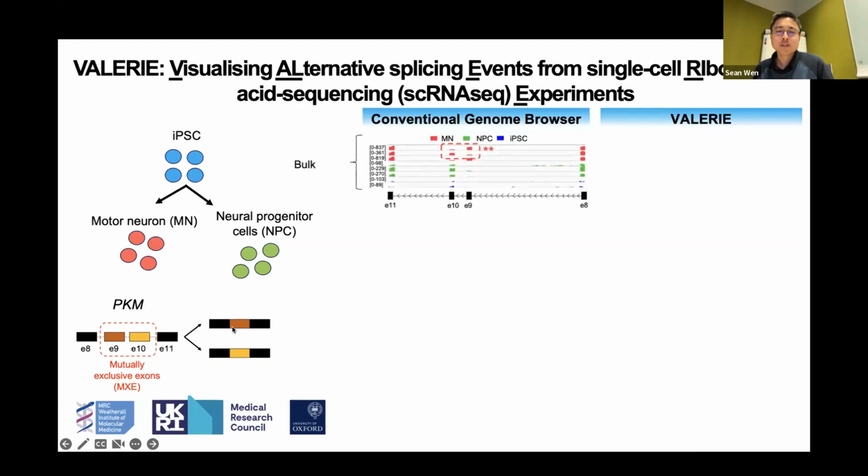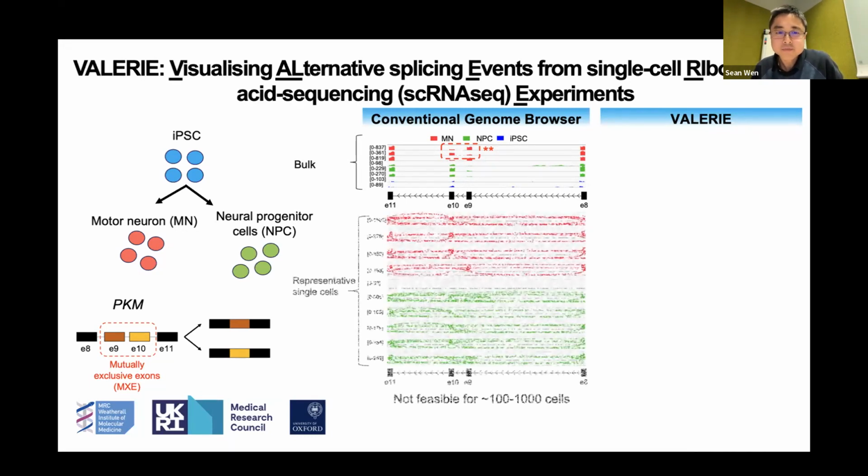So if you were to use a conventional genome browser to look into this splicing event, you would see, for example, for sample number 1, that exon number 9 is more highly expressed. But if you look at sample number 2, exon 10 is more highly expressed, suggesting that there's some underlying heterogeneity that we cannot validate when we look into the bulk level and look into the IGV or genome browser, for example.